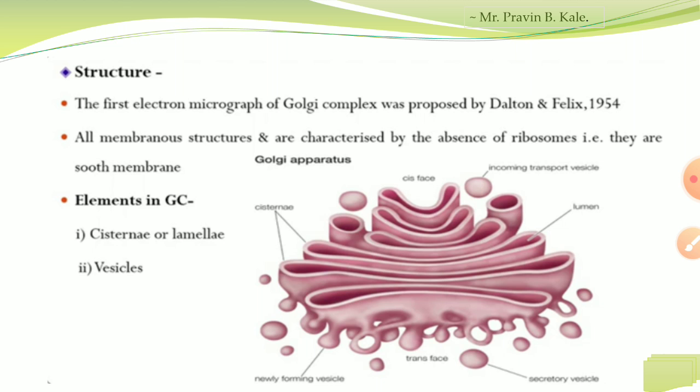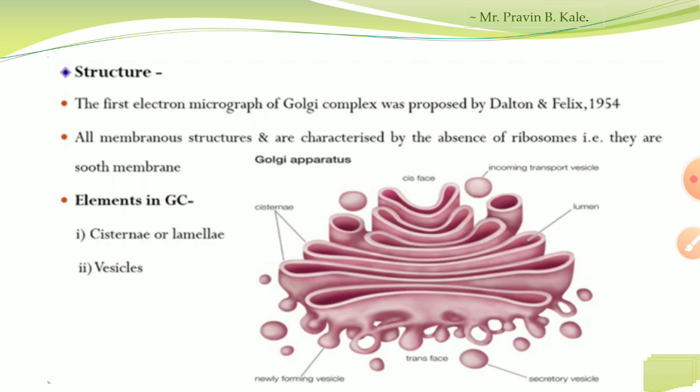Then elements in a GC means elements in Golgi complex. They contain cisternae or lamellae and vesicles. These are the elements present in Golgi complex.